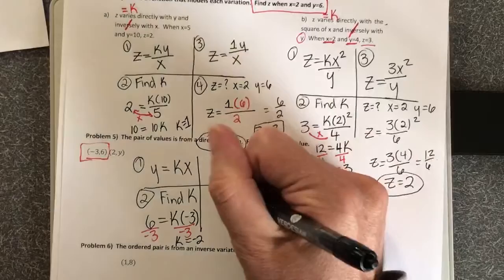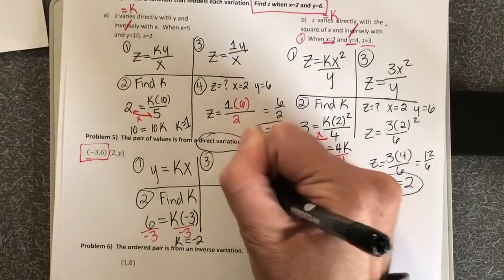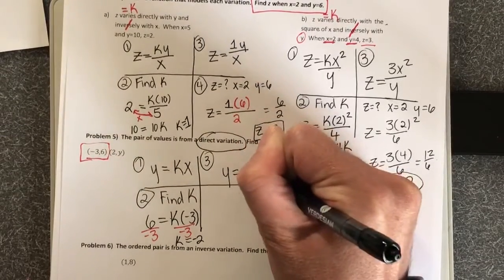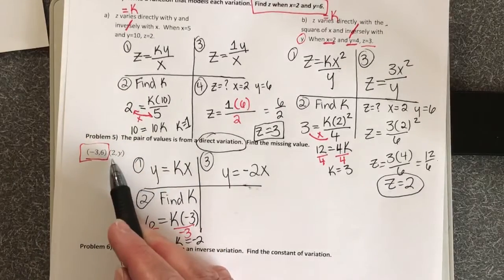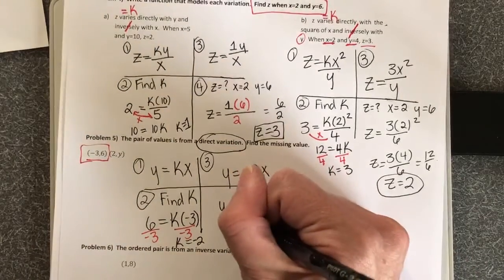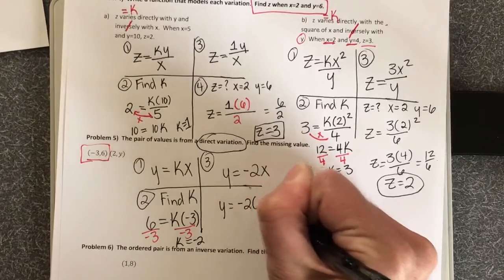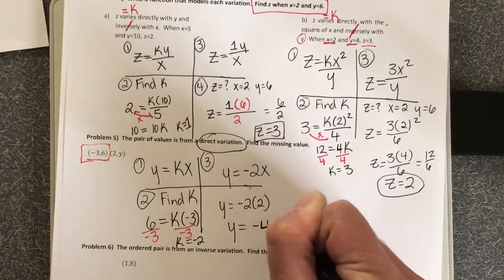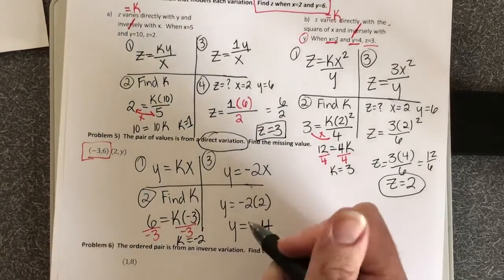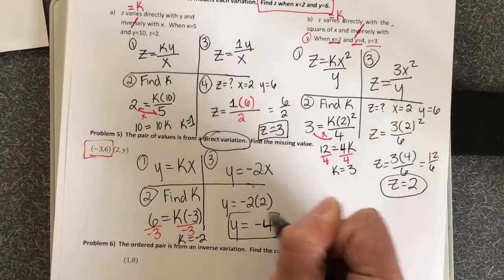So now I know what k is, my function rule: y is equal to -2x. Again, you can graph it, pull up your table of values. And when I pull up my table of values, I'm going to find out, oh, hey, when x is 2, y is -4. So my missing value for y is -4.